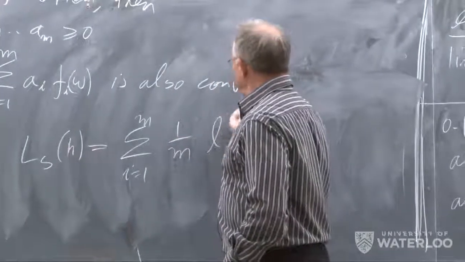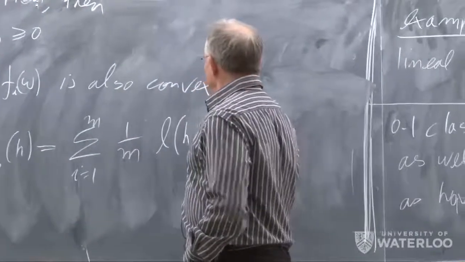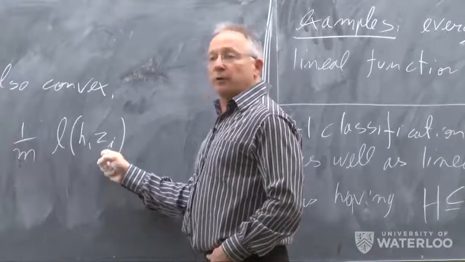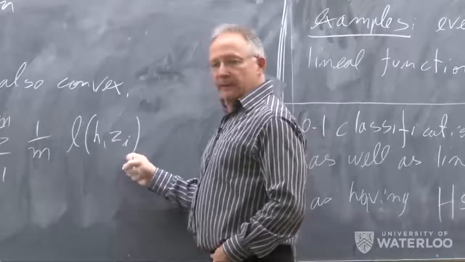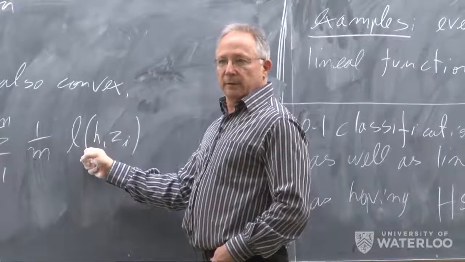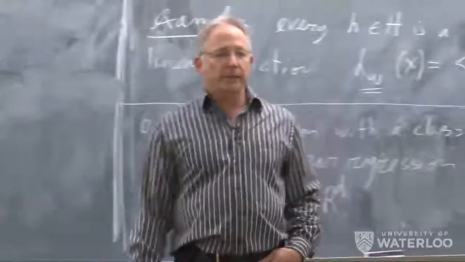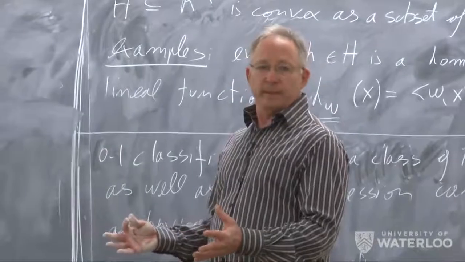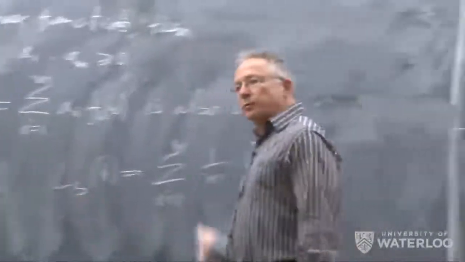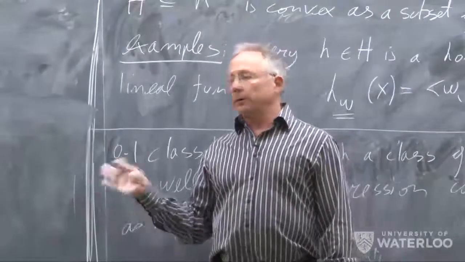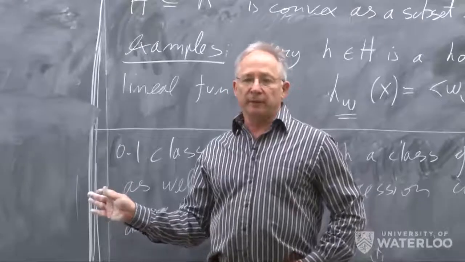And here I have L of H, Zi, which I know is a convex function because we assume that for every choice of Z, this loss as a function of H is a convex function. So if my loss is a convex function and the class H is a convex subset of Rn, then ERM becomes a convex optimization problem. So in such cases, we will be able to implement ERM efficiently.